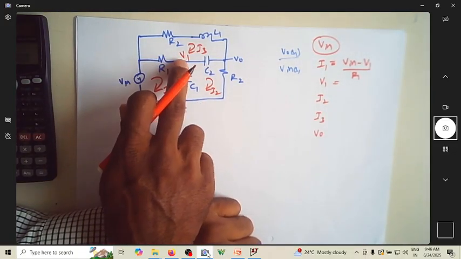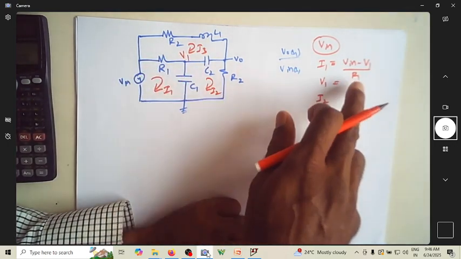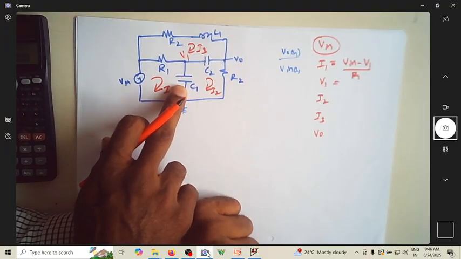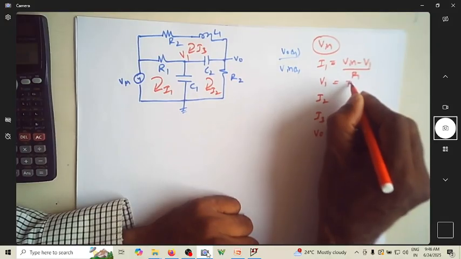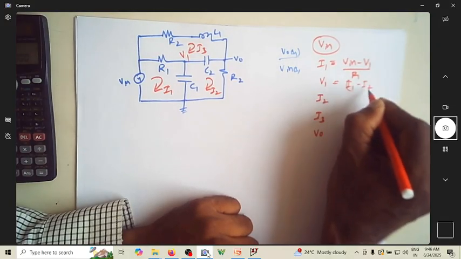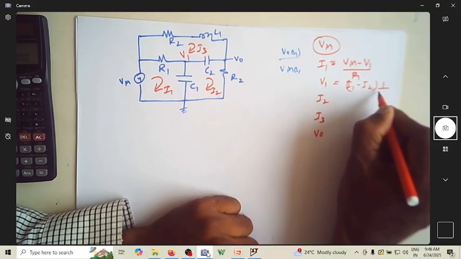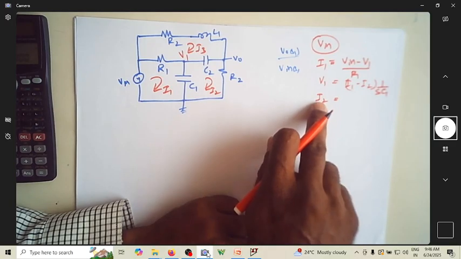The current flowing through R1 is I1, which is nothing but Vin minus V1 by R1. V1 is the potential drop across this. The current flowing through this is I1 minus I2, multiplied by the impedance of this. Impedance is 1 over SC1.